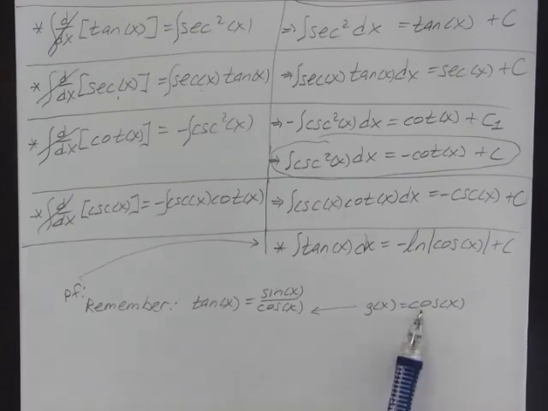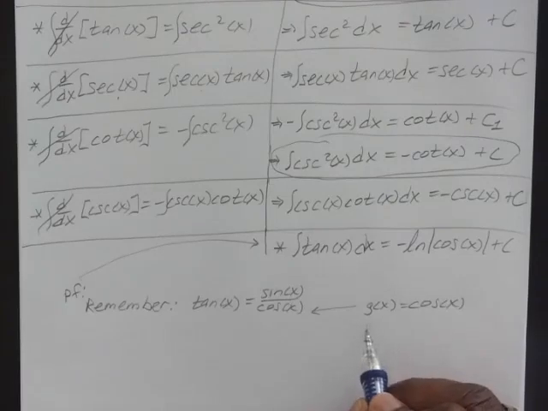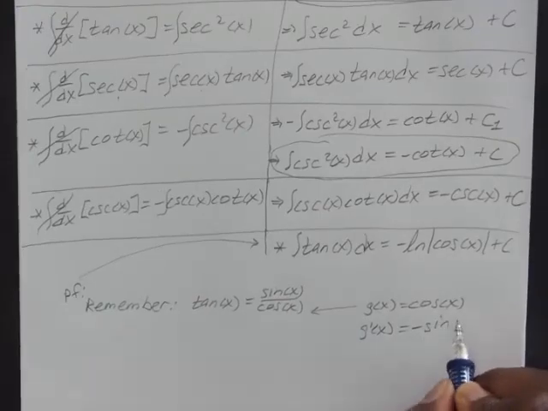Well, the derivative of cosine is negative sine, so that means our g prime of x is equal to negative sine of x.